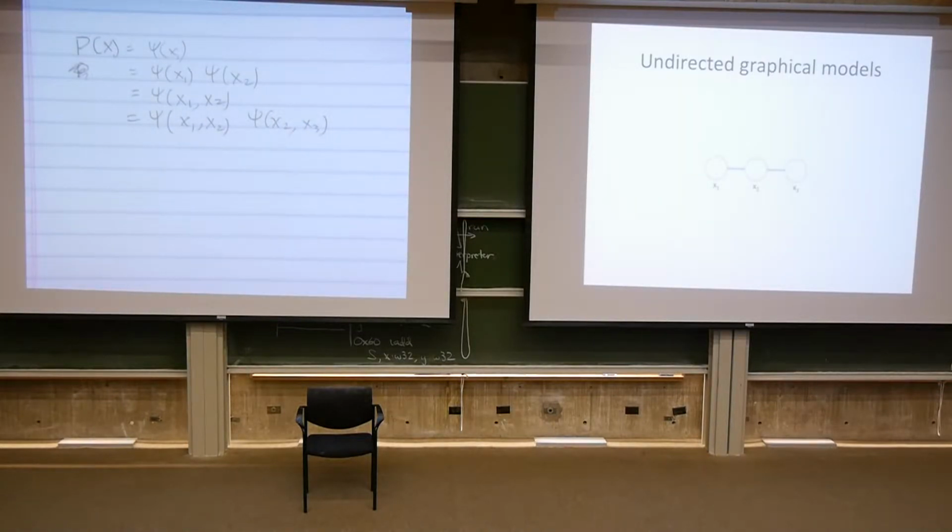And so x1 and x3 are conditionally independent given x2. That's just a separation property for Markov networks. We could also add an arc there that makes everything dependent again, and our factor is then just anything.